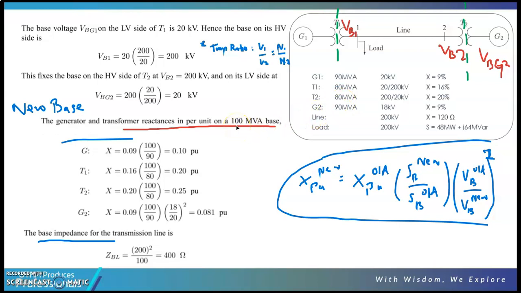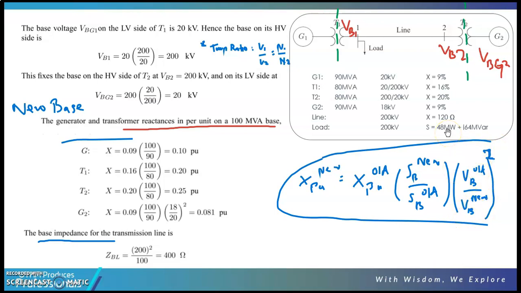How to transform from the old base to the new base? If you want to determine the impedance or reactance of the transformer and generator, you can use this general equation: X per unit new equals X per unit old times S base new over S base old times V base old over V base new, squared.